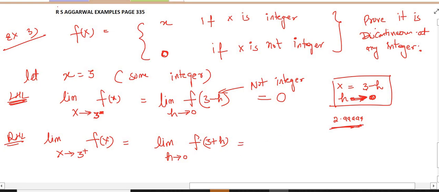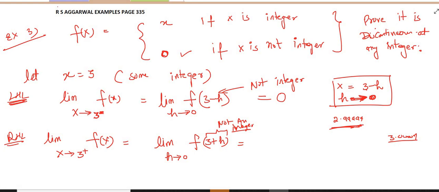So now I have to write the function and solve it. Which value should I choose, x or 0? Here 3 plus h seems to be maybe 3.00001, very close to 3 but more than 3. So I don't think it is an integer. So if it is not an integer, what should come out? This definition should come out, 0.